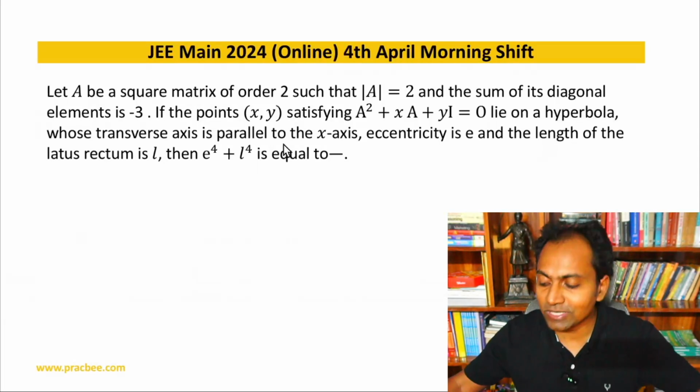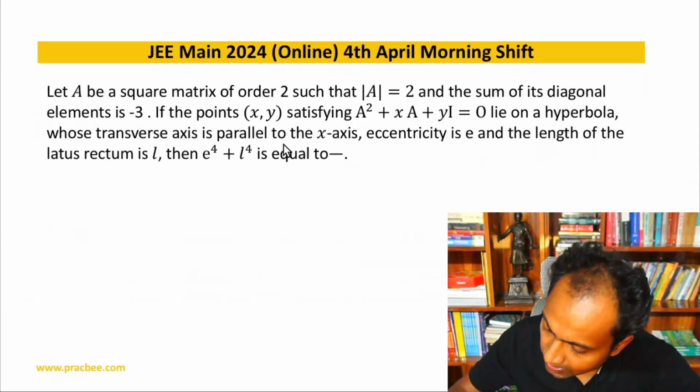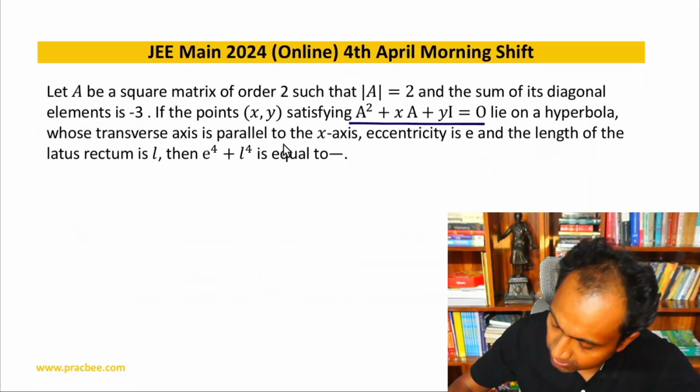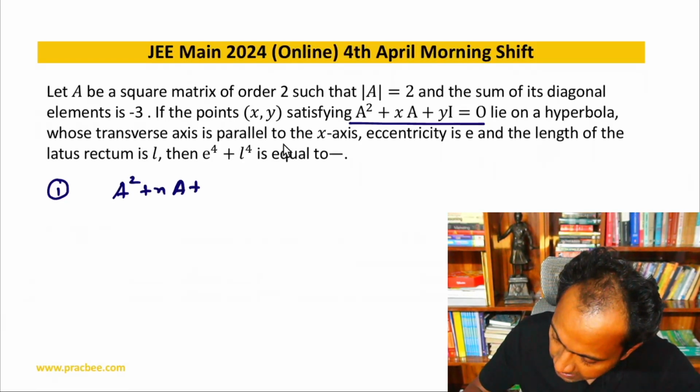Now if I look into this next 2024 question, this question says that you have been given a Cayley-Hamilton equation that looks like this: A square plus xA plus yI is equal to 0.